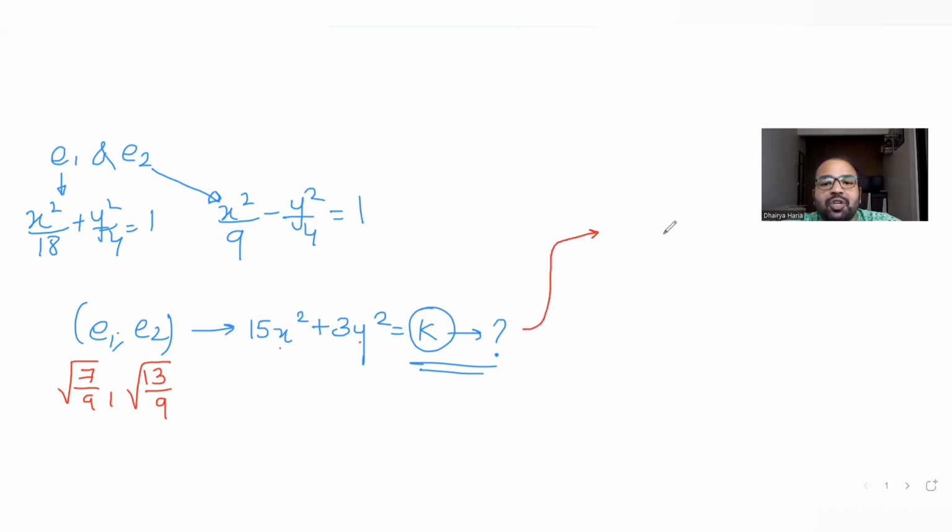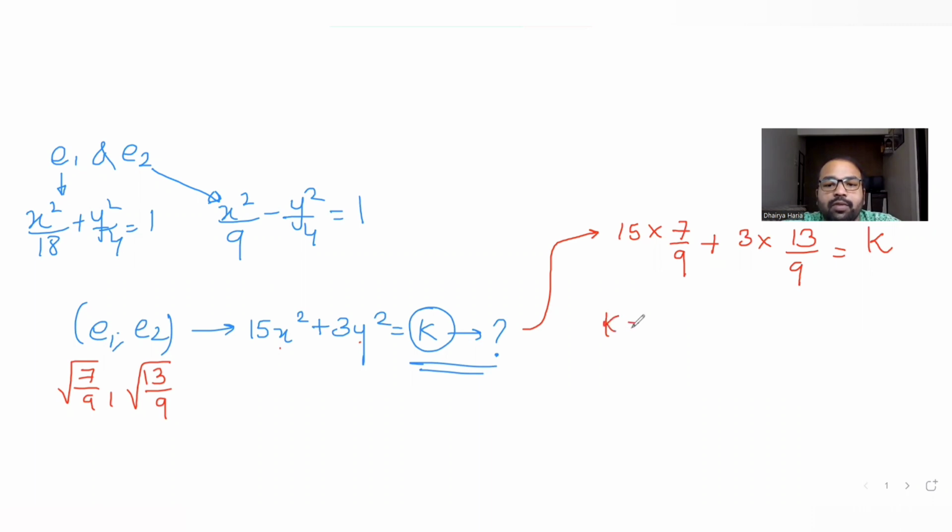If I just substitute, because they are the coordinates lying on the ellipse, it will satisfy. So 15 x square, if you see the root sign gets removed, so it remains 7 by 9, plus 3 y square, which is 13 by 9, equals k.